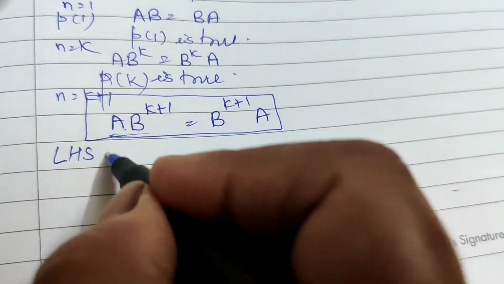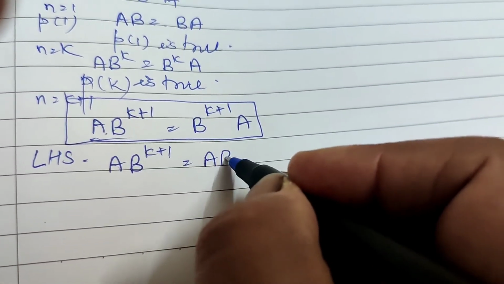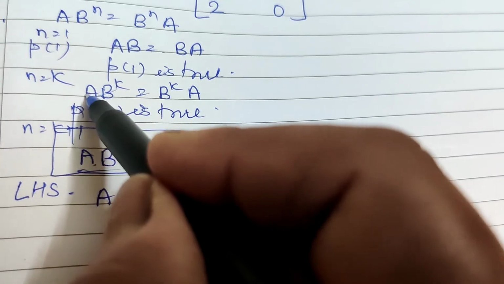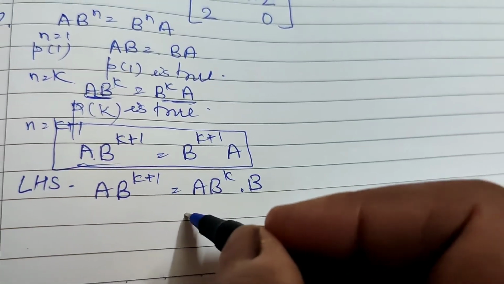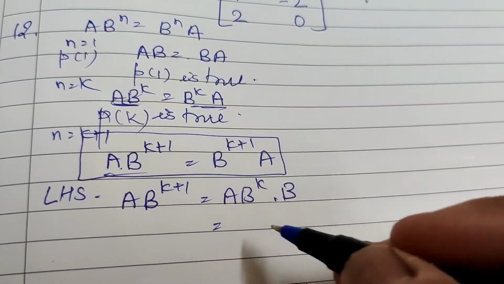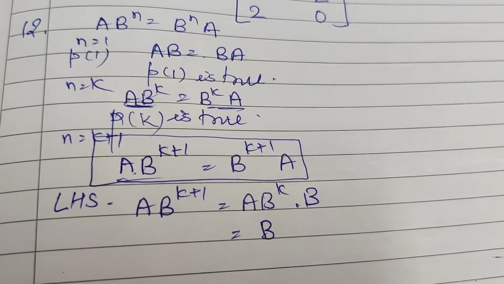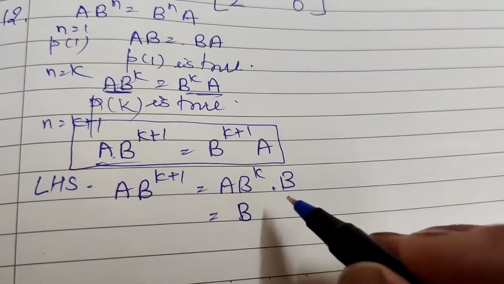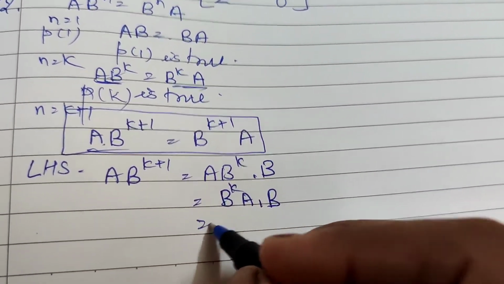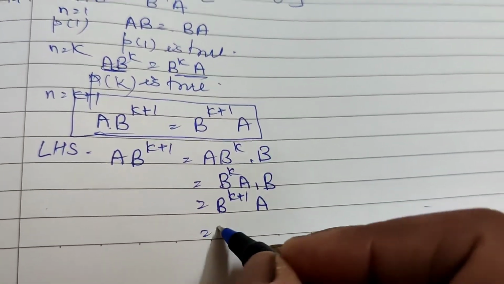Now LHS is AB raised to power k plus 1. We can write AB raised to power k into B. AB raised to power k equals B raised to power k A, so we get B raised to power k A into B. Then we can write B raised to power k plus 1 into A. This is the RHS.